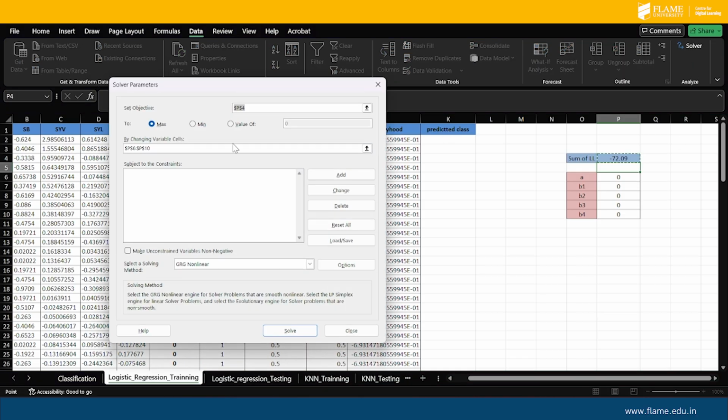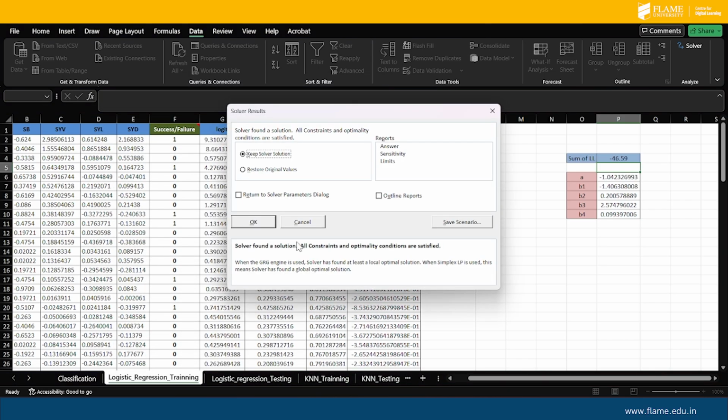Now, just go to the data as previously in the previous regression training we have observed. Open the solver. So, here you select maximization and select that particular cell which you want to maximize, and also select the variables which you want to tune, and with the help of these variables only you are trying to reach that maximum value. And you have to uncheck make unconstrained variables non-negative, and select GRG non-linear and just hit the OK button.